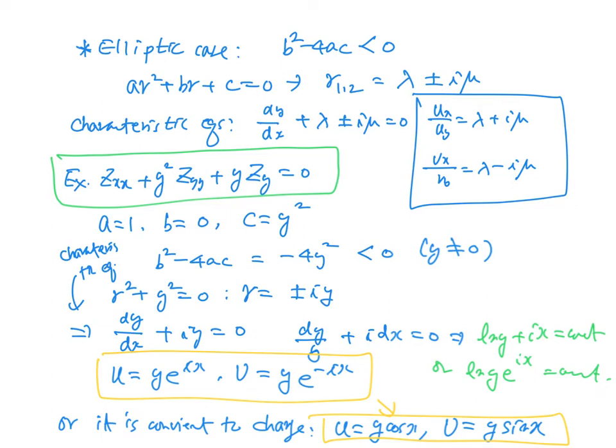So here, alpha is A u_x squared plus B u_x u_y plus C u_y squared, and P was 0, of course, right? Because P was 0, A was 1, C was y squared, right?